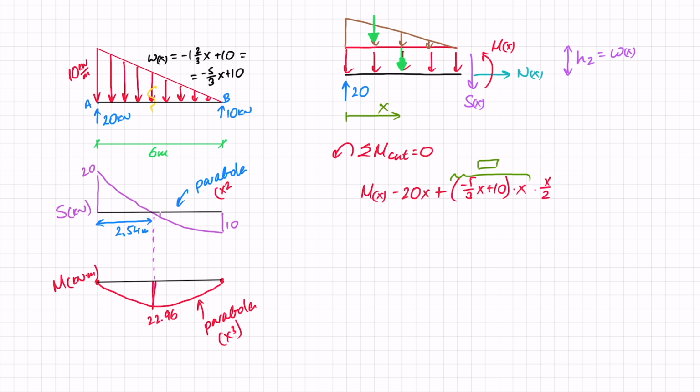And then we've got our positive moment from the triangle, which once again, like before, the height of that triangle here, that is 10 minus wx. So in our case, 10 minus 5/3 x plus 10. That gives me the height times x over 2. That gives me the area of the triangle.